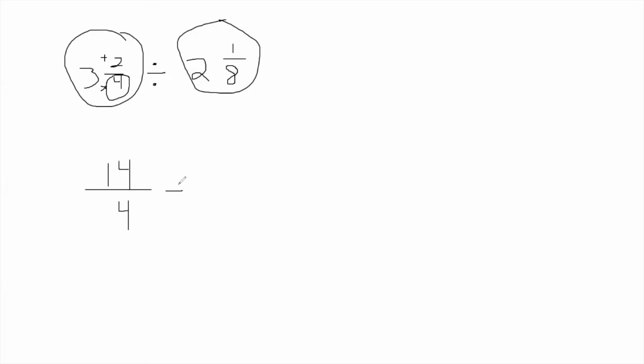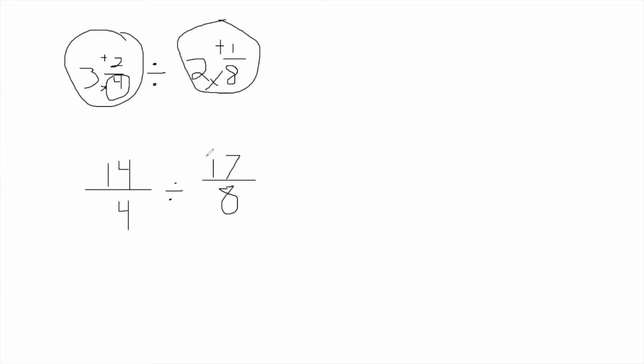And then divided by 2 times 8 plus 1. So 2 times 8 is 16, plus 1 is 17, 17 over 8.